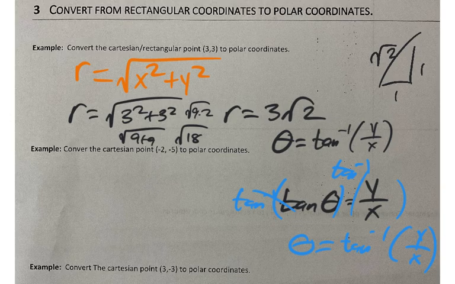So in my calculator, I could do the inverse tangent of y over x. Y over x, in this case, is 1. So what's the inverse tangent of 1? I don't even need my calculator for this, because this is a 45, 45, 90, because the legs are the same. Which means theta has to be 45 degrees, which would be pi over 4 in radians.